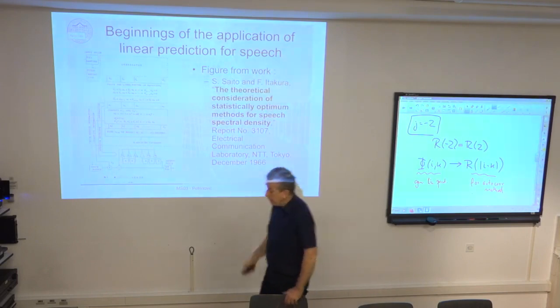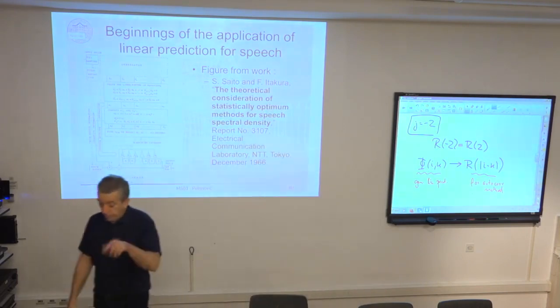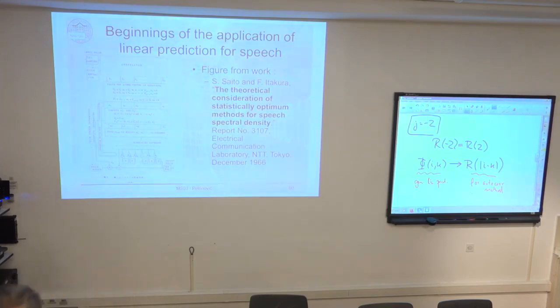Once I have these autocorrelation coefficients, I form a linear system of equations. This matrix, instead of phi, becomes matrix R. And you have to find the inverse of this R and multiply it with the right-hand column that contains autocorrelation coefficients R of 1 to R of P. Once I have this optimal solution, you simply construct a filter and find the prediction residual.